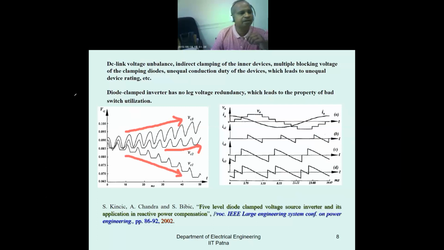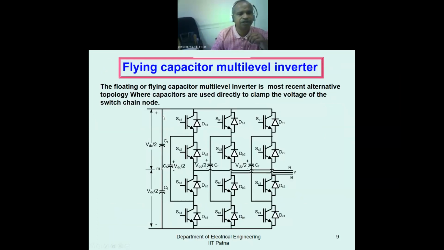Okay. Now, this is a flying capacitor. Flying capacitor means this is my DC voltage, and instead of the clamping diode we put a flying capacitor as the clamp. The clamping diode was connected to the neutral point, but this is clamped to the voltage VDC by 2, VDC by 2, like that.